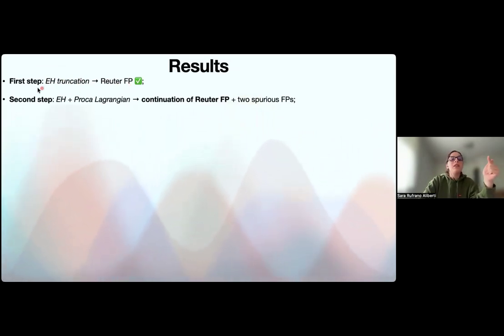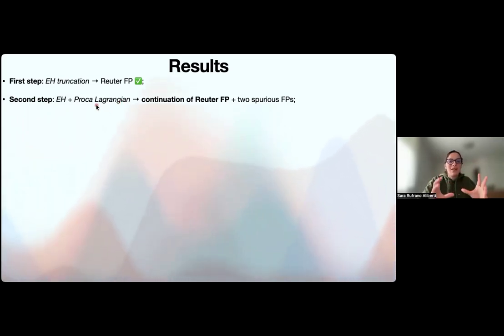Fine. The second step was obtained by adding to the Lagrangian the mass term of the vector field, which means that we considered as second step the Lagrangian given by the Einstein-Hilbert part plus the Proca Lagrangian minimally coupled to the gravitational field.